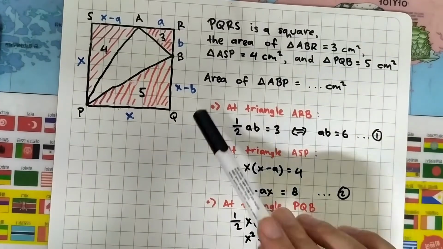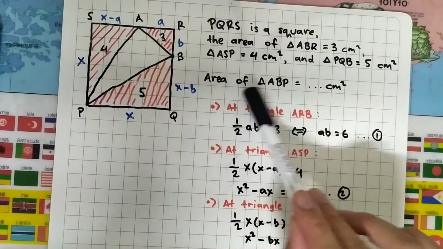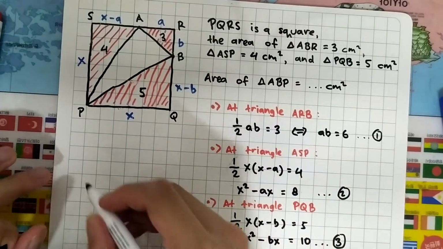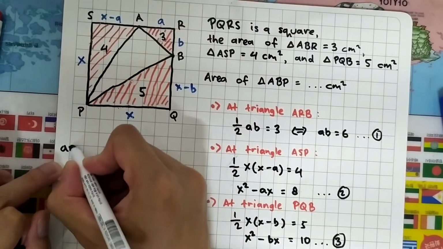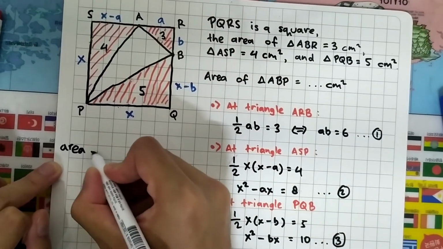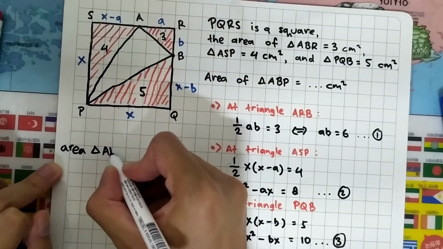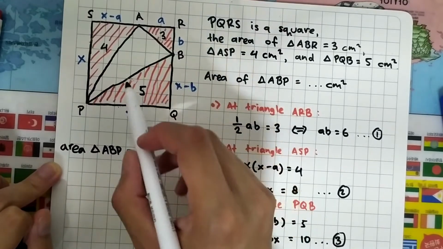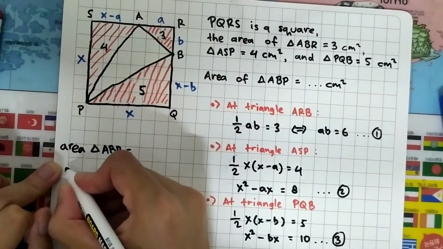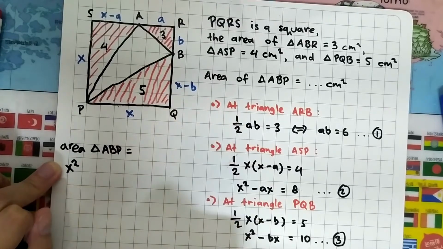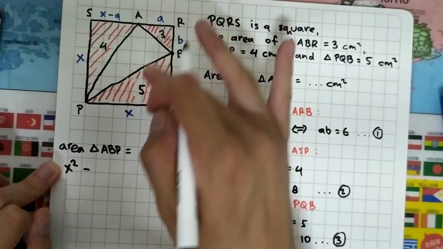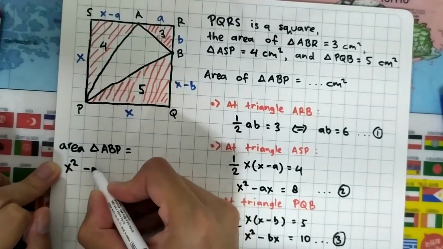Now we are asked to find the area of ABP. So the area of ABP is basically this square, x squared, minus these 3 areas of the rectangle.